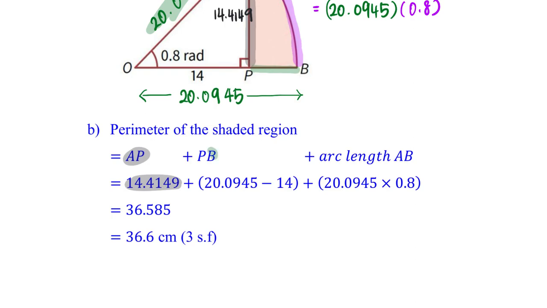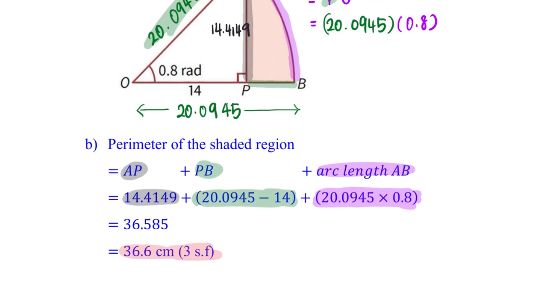My PB, just need to minus away 14 from the radius. And my arc AB, just need to multiply radius times the angle, 0.8 radian. And you will get the final answer of 36.6 cm to 3SF.